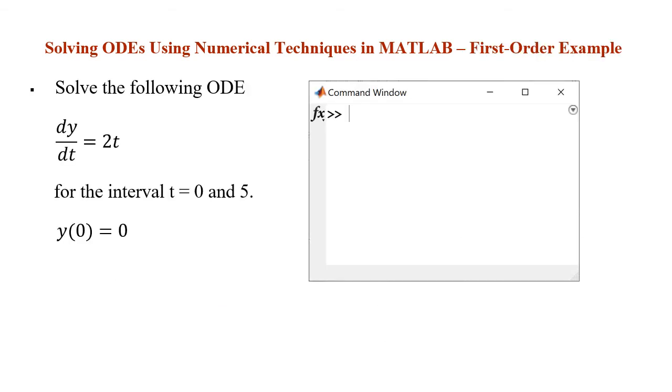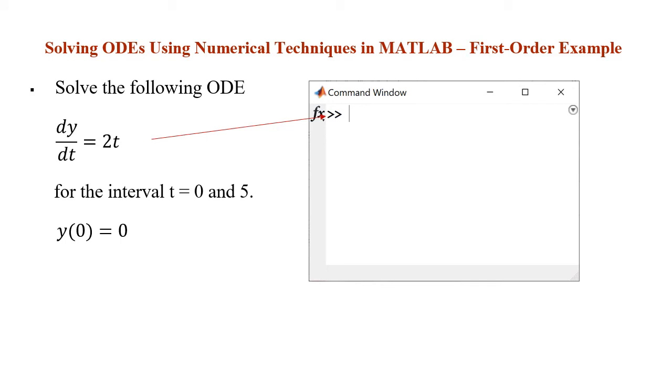Now we're going to see an example of a first order differential equation. We're required to solve the following differential equation. We're given that dy dt is equal to 2t, and we want to solve it for the interval t equal to 0 to t equal to 5. And we're given the initial condition y at 0 is equal to 0. What we need to do first is to define the function handle.